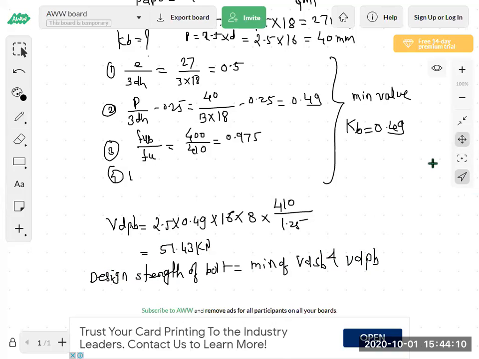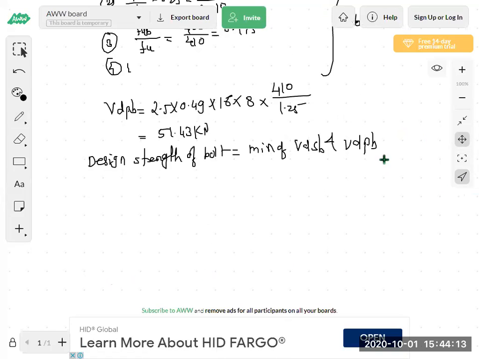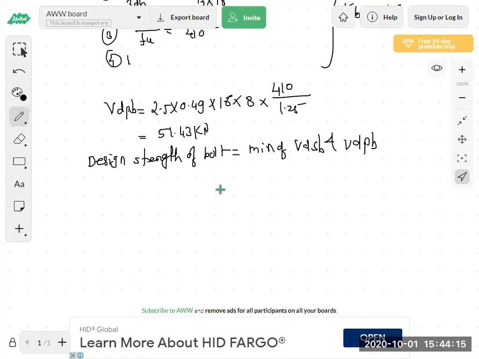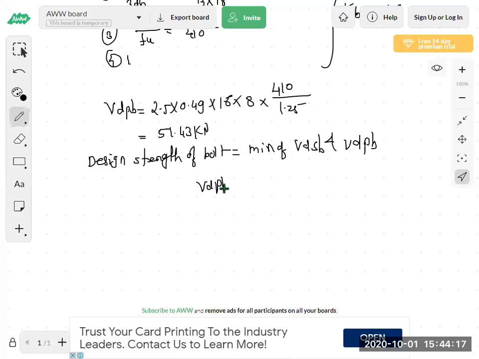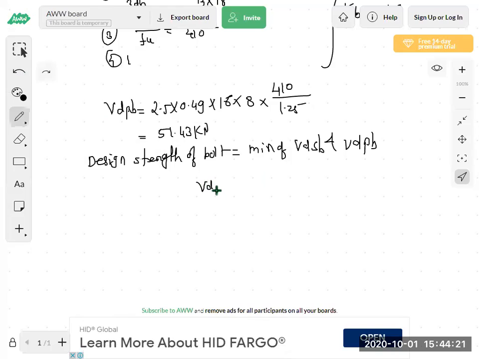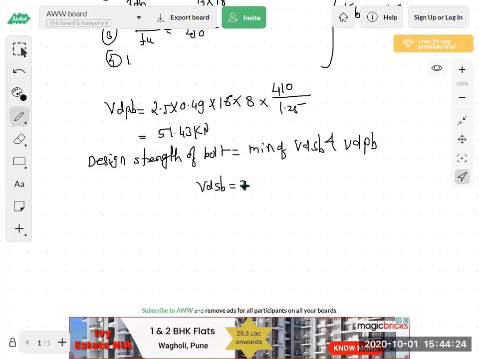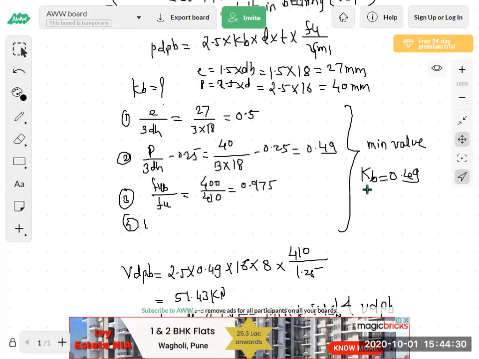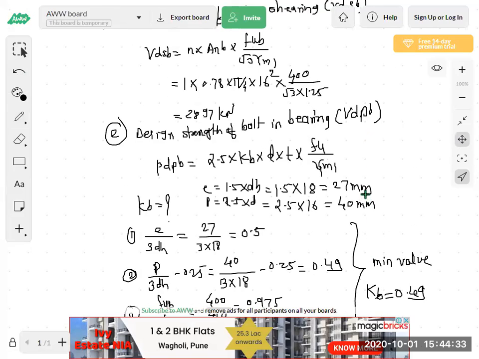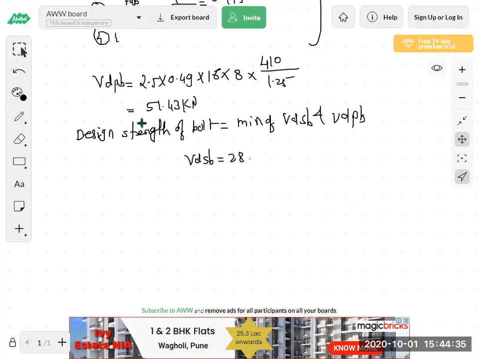Whichever is minimum, this VDSB, how much? 28.97 kilonewton. So now we have to calculate number of bolts.